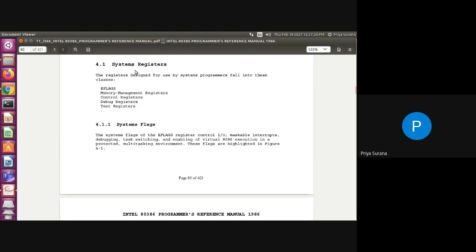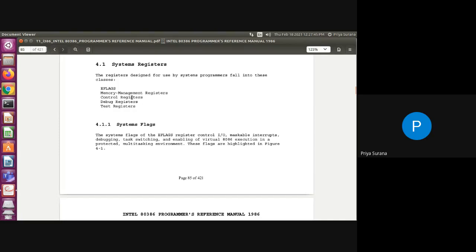The registers designed for use by system programmers fall in this class: EFLAGS, memory management register, control register, debug register, and test register fall under system register.